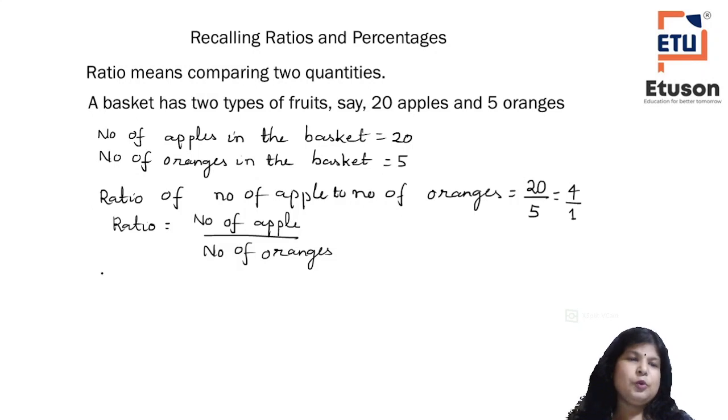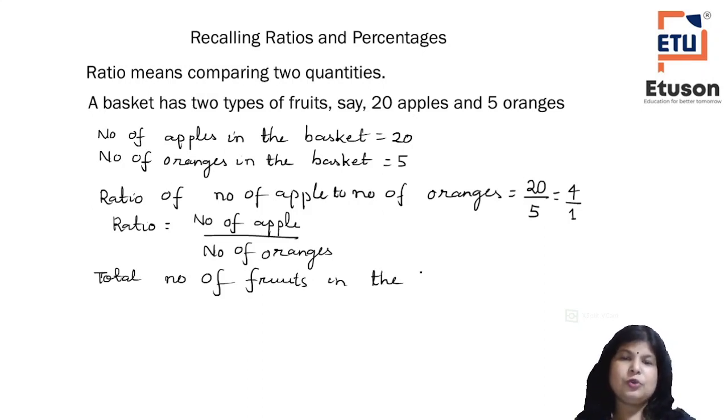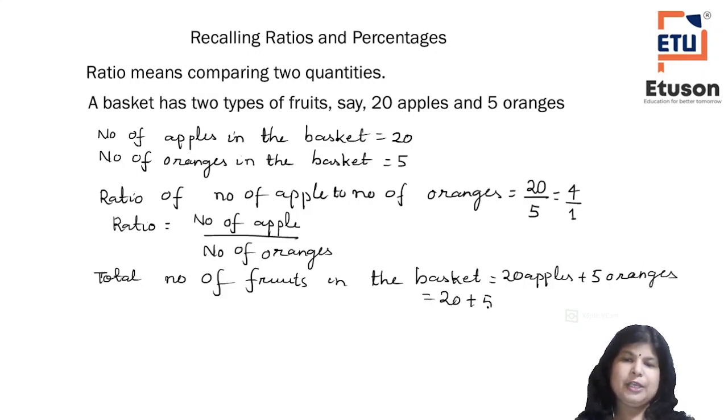First we have to find out the total number of fruits in the basket, which consists of 20 apples and 5 oranges, correct or not? We'll take down only the numbers. So 20 plus 5, that is 25.